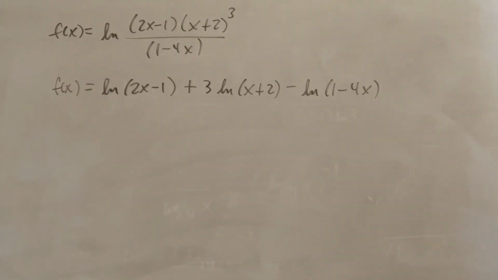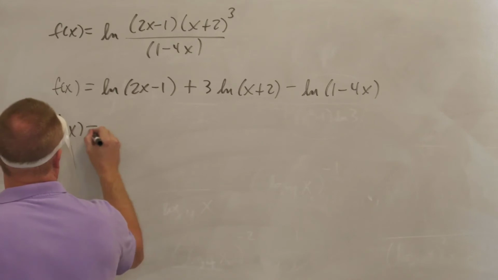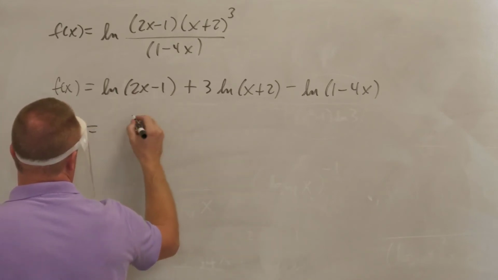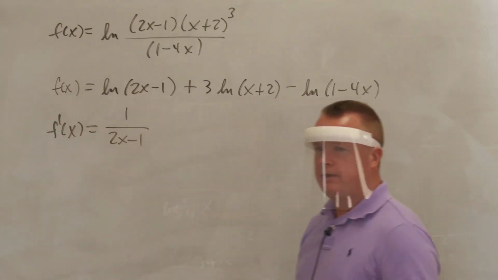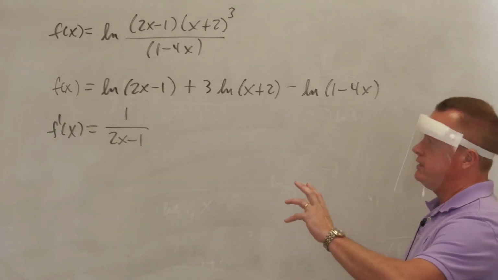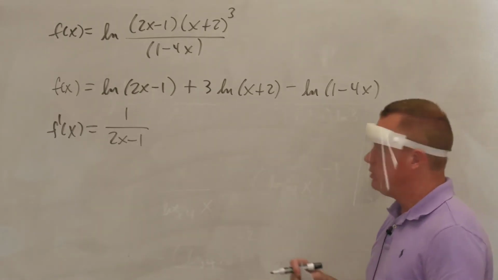Okay? That's easy to differentiate now, right? So the derivative then would be, all right, this would be 1 over 2x minus 1, right? And then multiply by the derivative of the inside. The derivative of 2x minus 1 is 2. So multiply times 2.